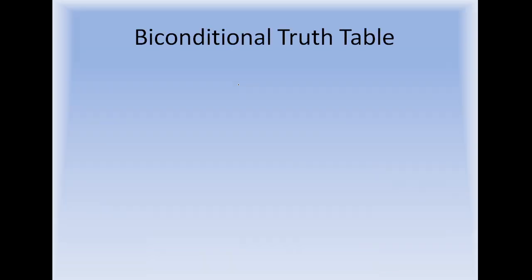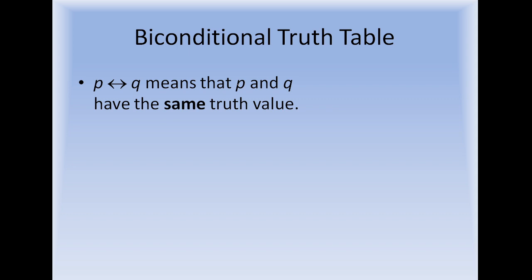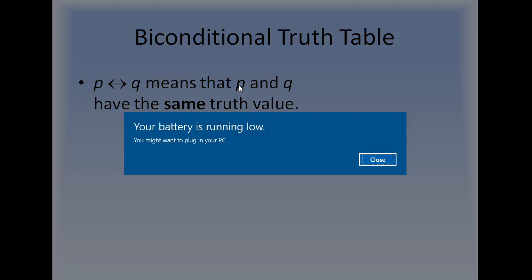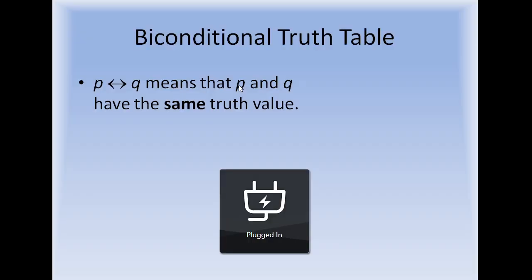Now let us look for P double implies Q, the biconditional ka truth table. P double implies Q means that P, Q have the same truth value.